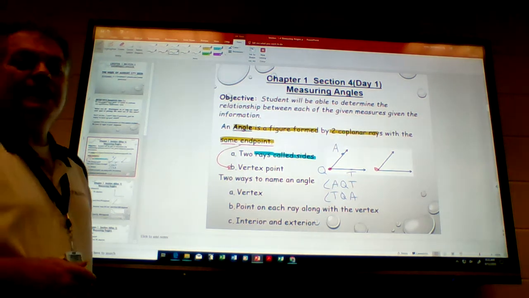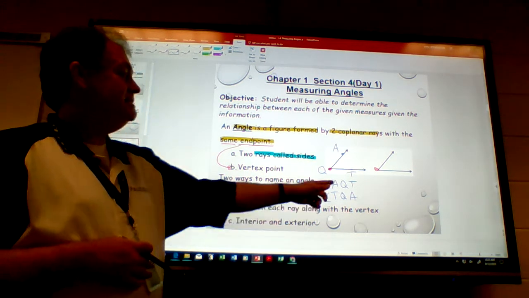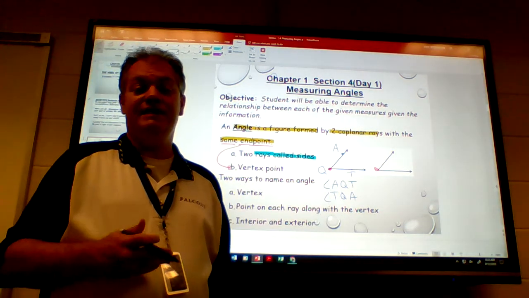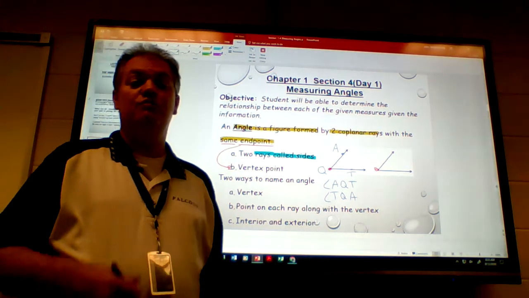One thing that these angle names both have in common is that the vertex point is in the center. That is vital. The vertex point must be in the center when you're naming.